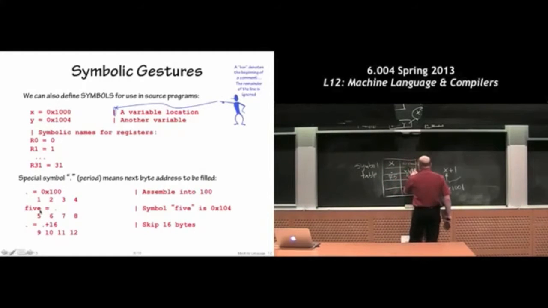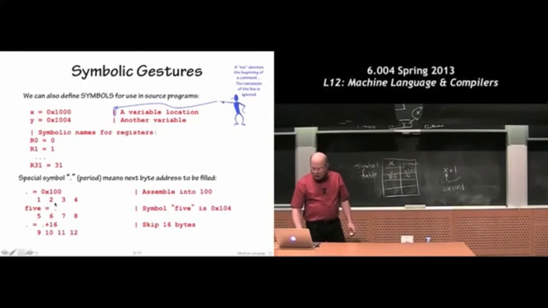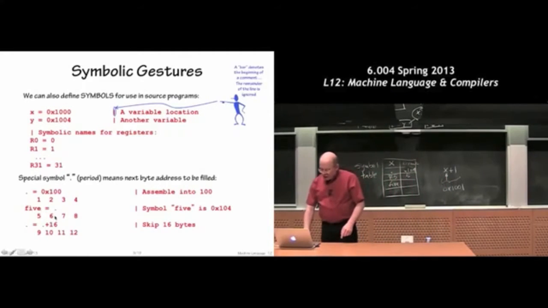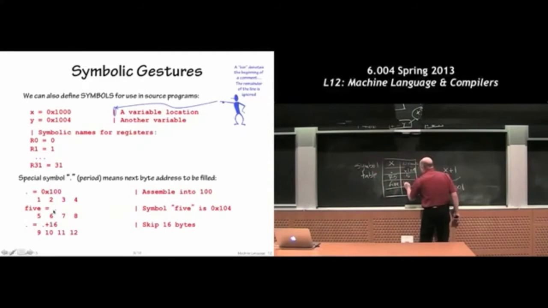So as I put the values, dot was 100, and then it's 101, 102, 103. So now dot is hex 104. And now that directive defines the value of the symbol to be equal to whatever the value of that expression is. So on the other side of the equal sign, there's an expression. In this case, it's the single symbol dot, which has the value hex 104.